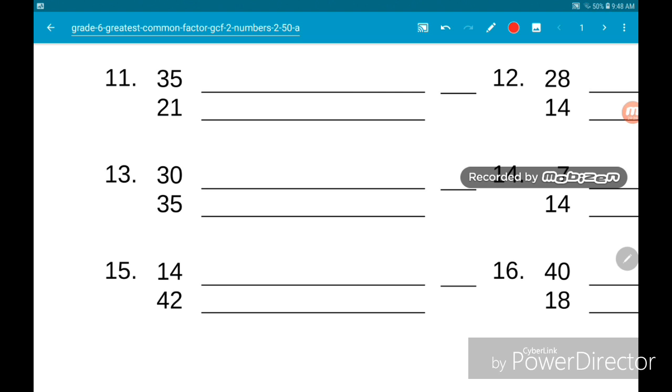She's going to do number 13. As she's doing it, please do it on your sheet of paper. Okay, she's breaking down 30 into 10 and 3. Break down 10 into 2 and 5.